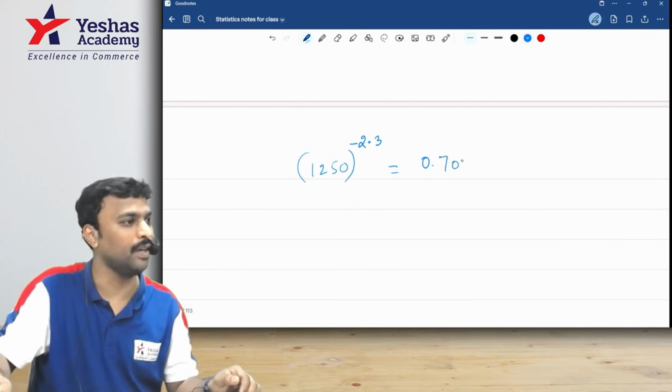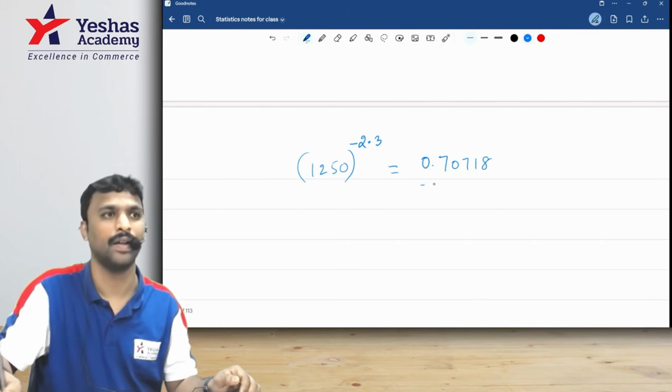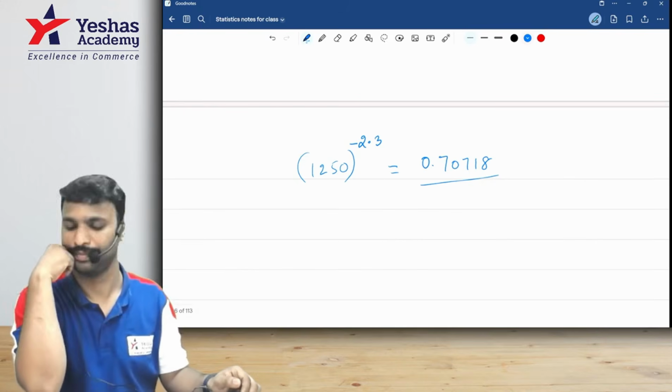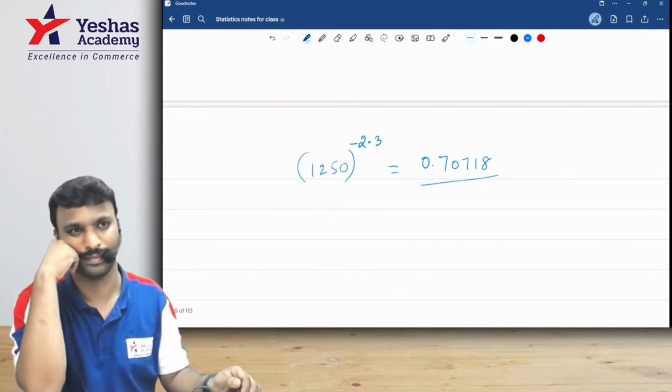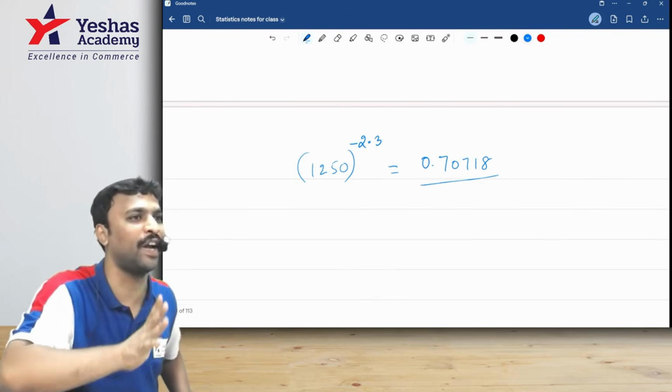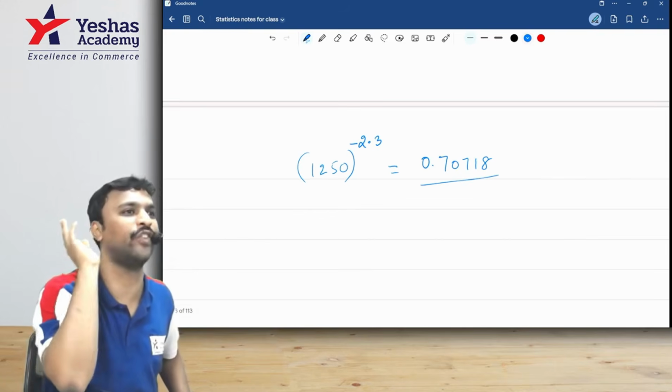Zero point 0.70. Please do it again: 1250, it's not 1 point.